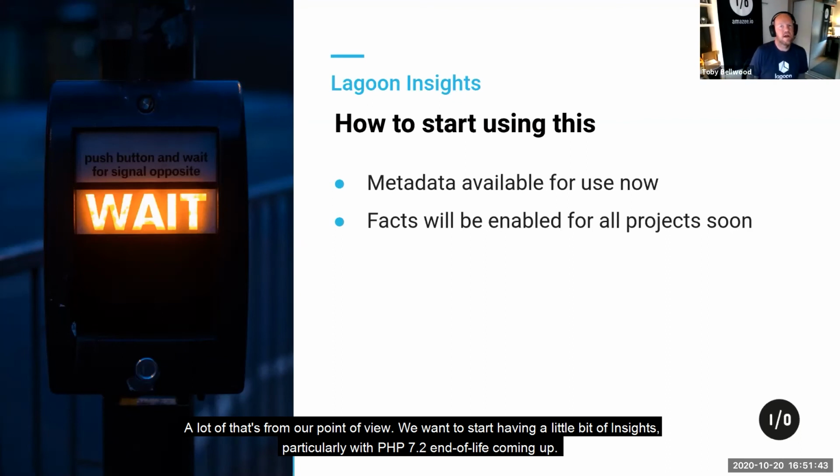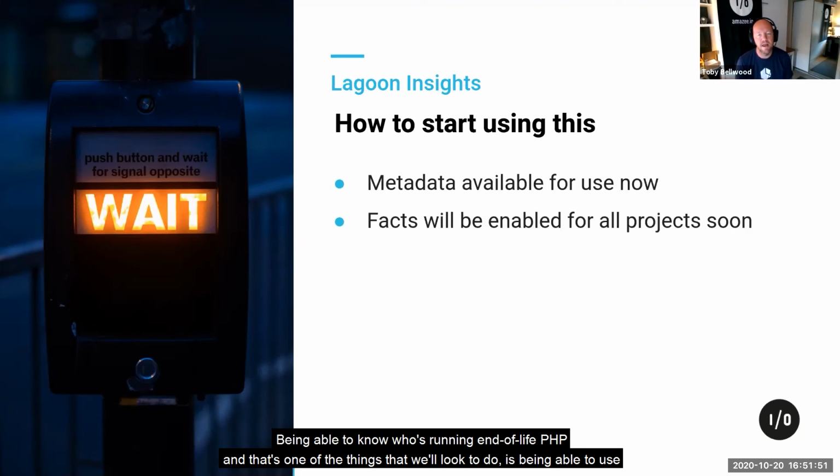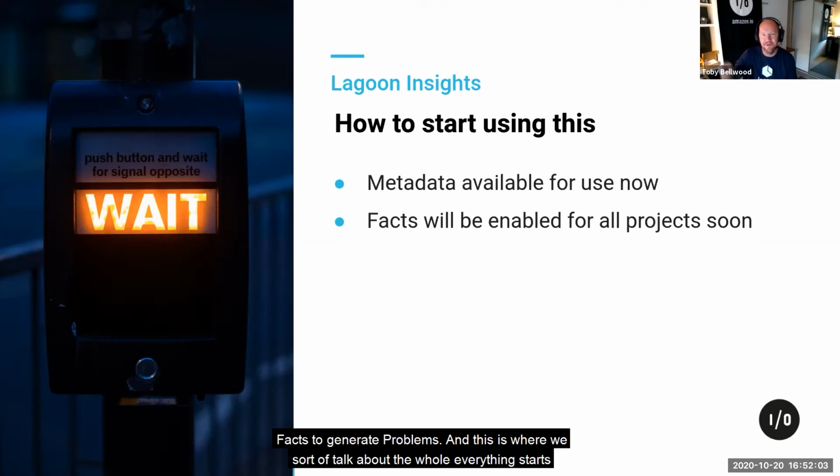A lot of that's from our point of view. We want to start having a little bit of insights, particularly with PHP 7.2 end of life coming up. Being able to know who's running end of life PHPs, and that's one of the things that we'll look to do is being able to use facts to generate problems. And this is where everything starts joining up.